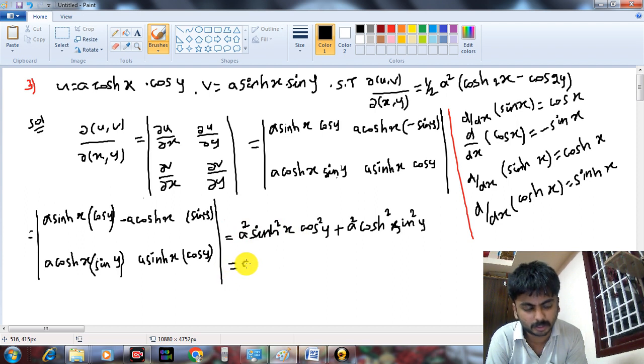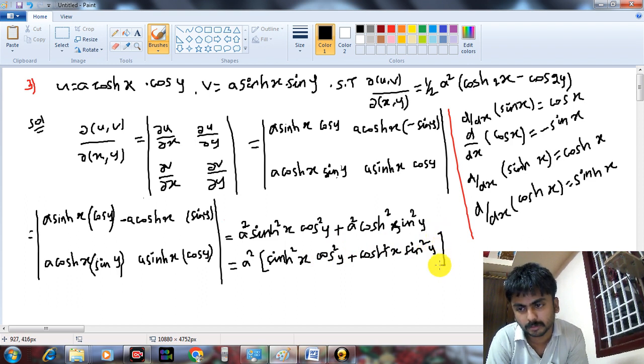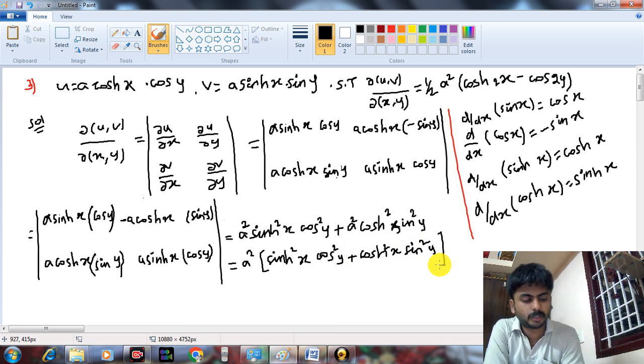If I take a square outside, then we will have sin h square x cos square y plus cos h square x into sin square y.